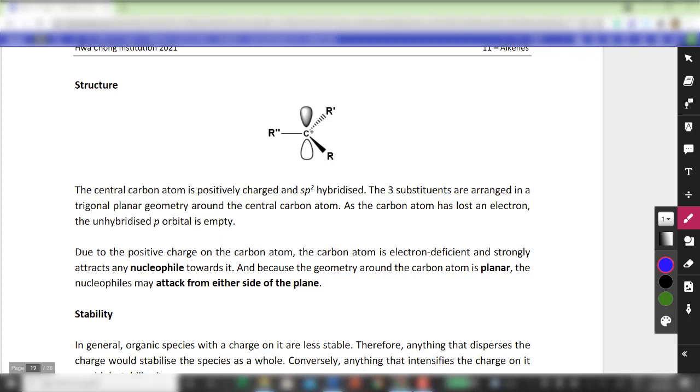Trigonal planar geometry gives it some interesting perspective, because if the nucleophile is present nearby, it will be able to approach it from either side of the plane.